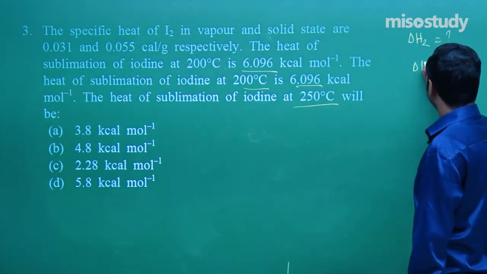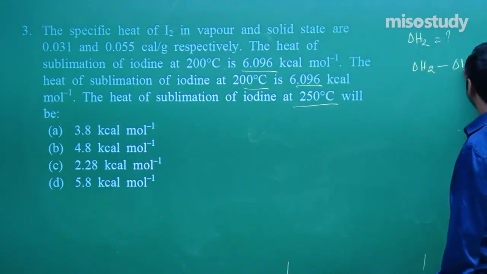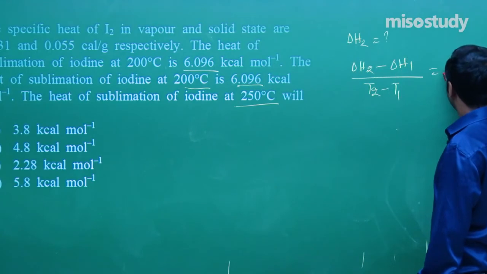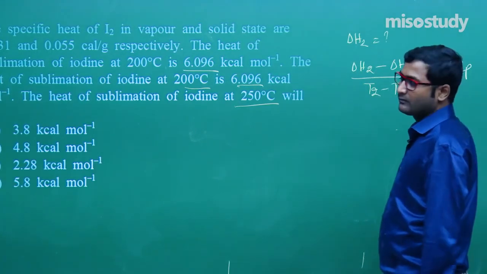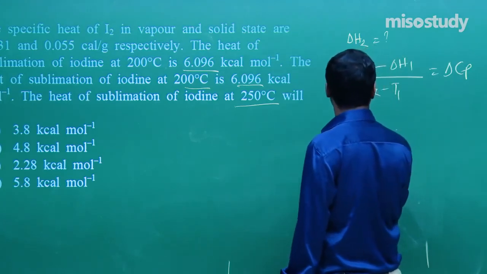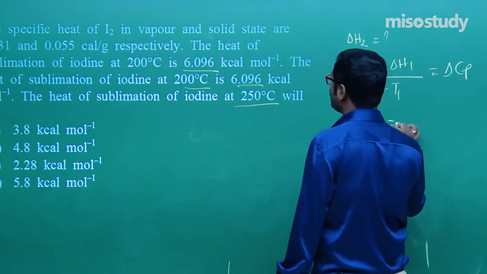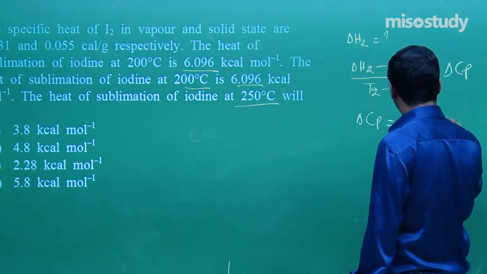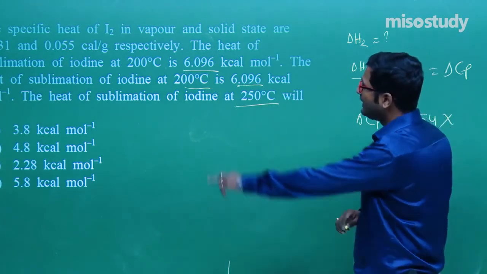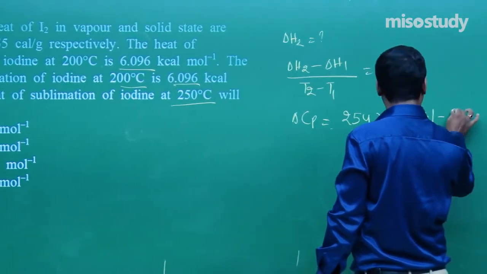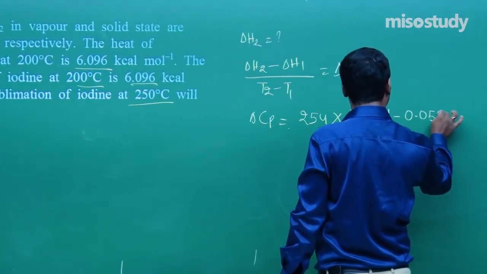As we know, delta H2 minus delta H1 upon T2 minus T1 is equal to delta Cp. Clear to you? Now, what is the value of delta Cp? So, it's very simple. The delta Cp is equal to m. What is the value of I2? Mass is 254 and 0.031 minus 0.055.